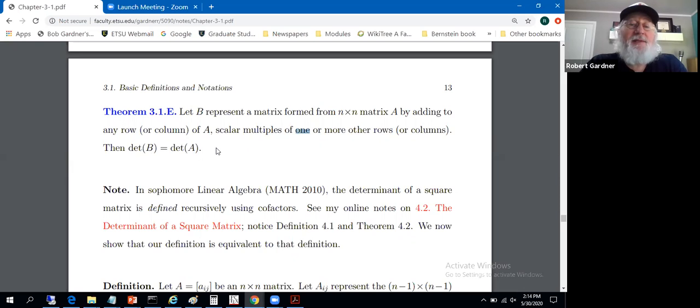But this is your favorite result when it comes to determinants. If you're computing determinants, this tells you, hey, if I do these kind of manipulations, and these are the kind of manipulations you do to introduce zeros when you do row reduction, they don't change the determinant. What I'd like to do is take a matrix and put it in maybe row echelon form. Maybe it's upper triangular. Then the determinant's easy to find. So I'll do some row operations. Those would involve interchanging rows.